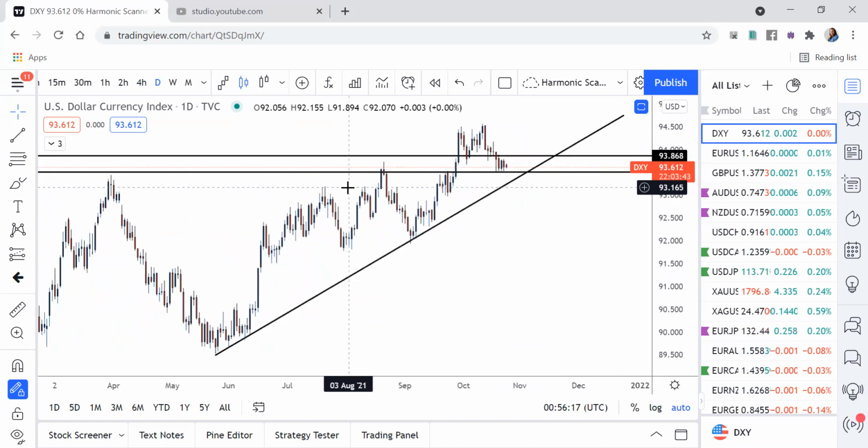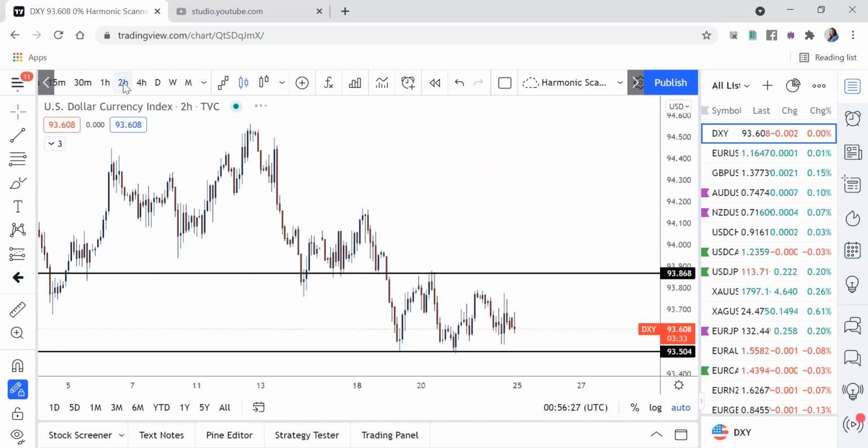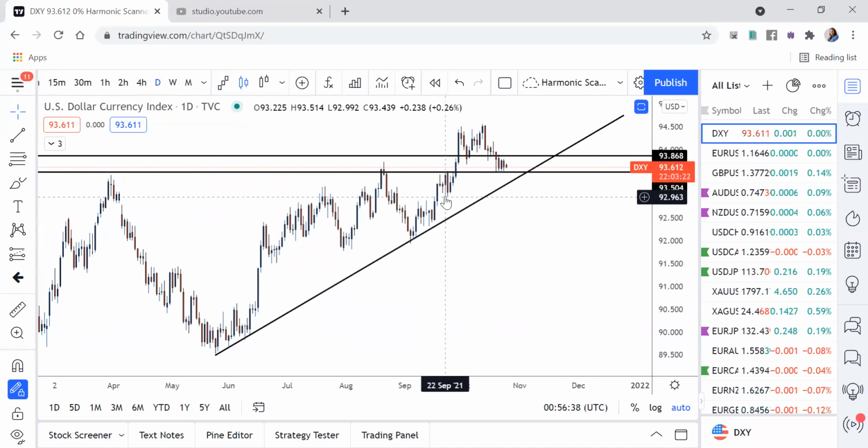So what we had was a break and a retest. Now, before we jump ahead and say, okay, well, we're looking for the DXY to go up or down, we need to take into account that we had a break of structure on the daily time frame and a retest, right?